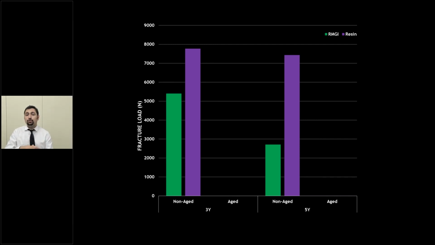It's also to make the crown stronger. That has been proved already in lithium disilicate. And this study and other similar studies, we're going to go over one more as well right now, they prove that using a resin cement actually not only increases the bondability, retention, it also makes the crown stronger.